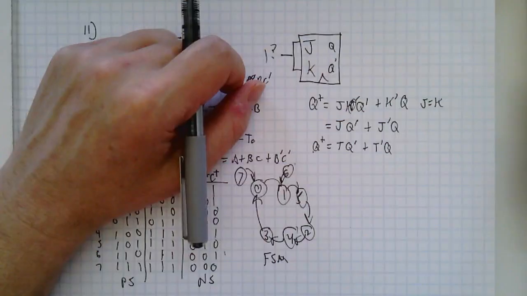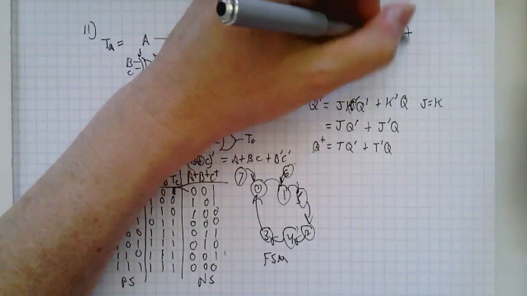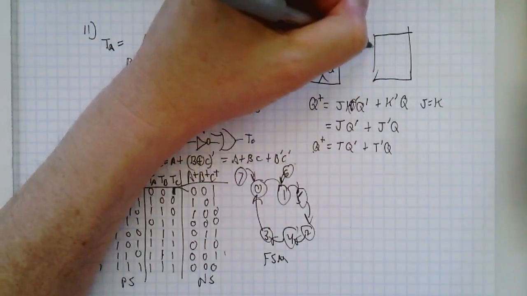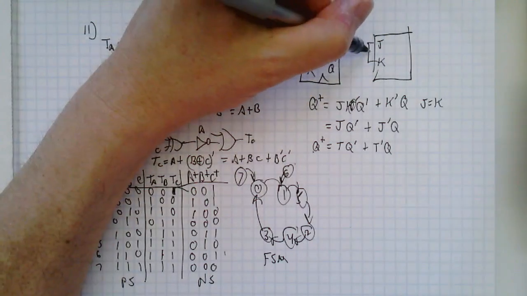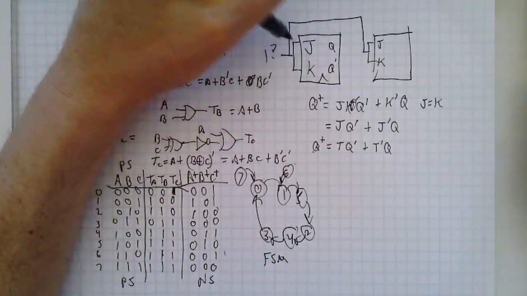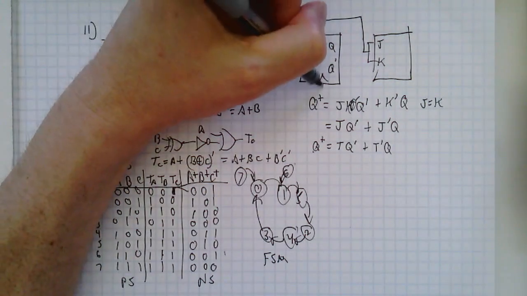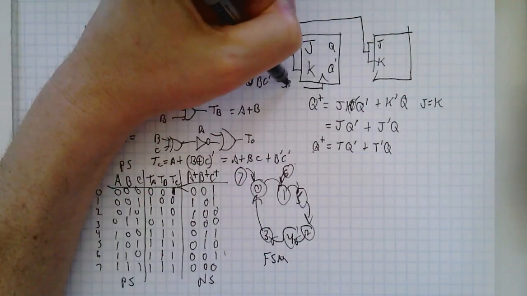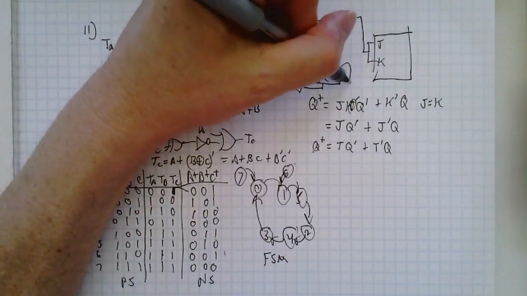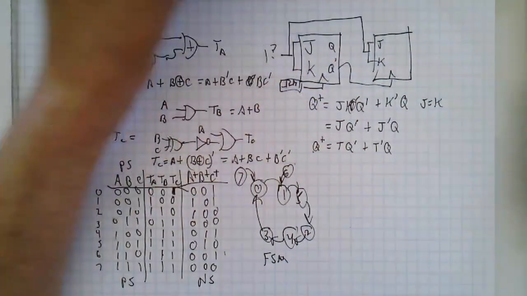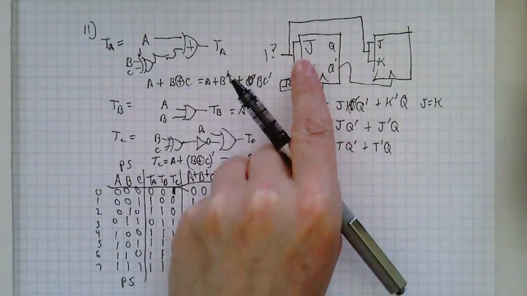Moreover, and here's the cool part, if you take the output and put it into another JK flip-flop, also wired to 1, now that's another toggle flip-flop. Take this, run it into a clock, and take the output and run it into the clock input on the next stage, the output will ripple into the next stage.